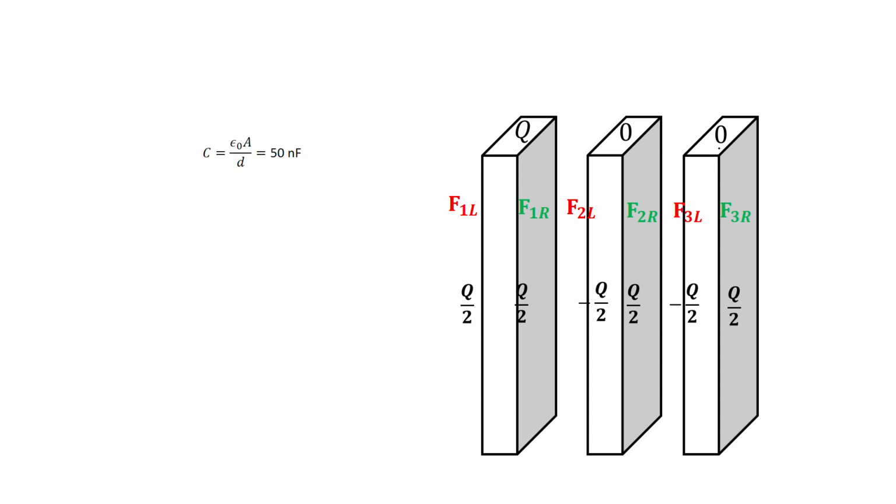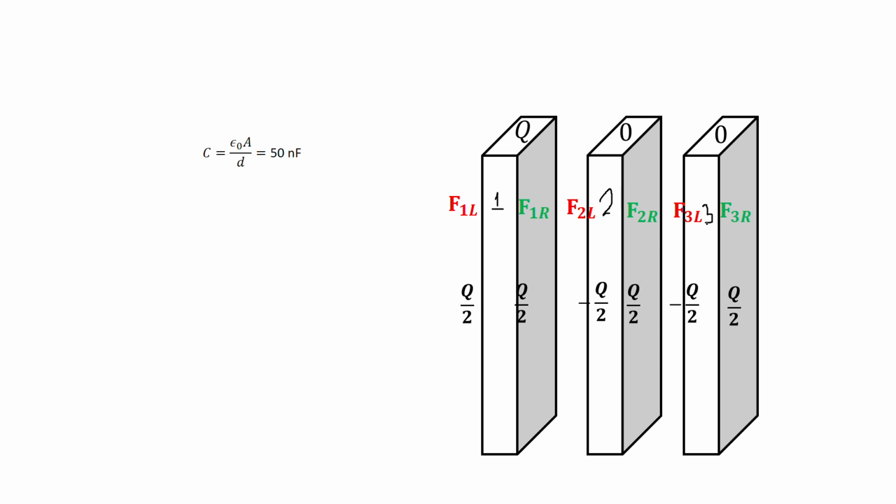Now we have to calculate the potential difference between the first and second plate as well as the second and third plate. The capacitance of each pair is given as 50 nanofarad. This is our first plate, this is our second plate, and this is our third plate.